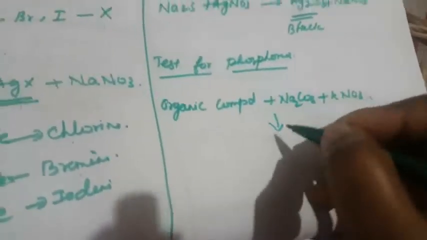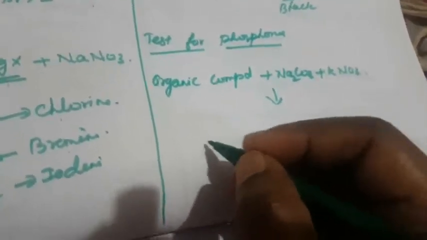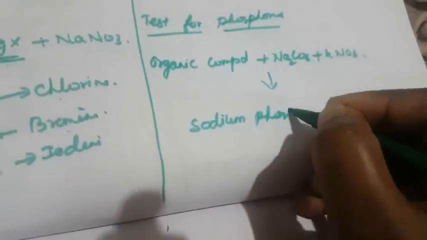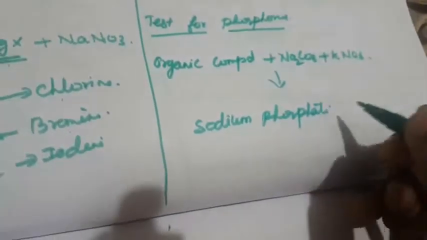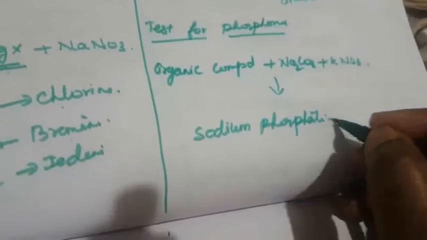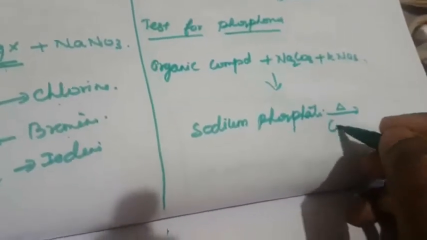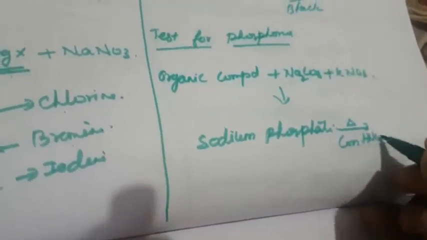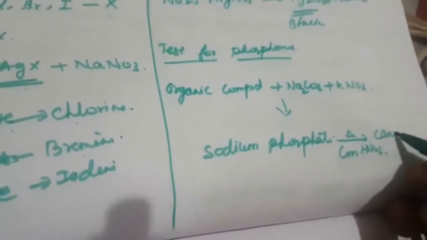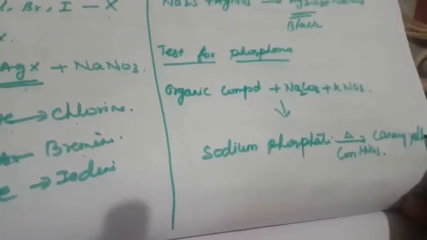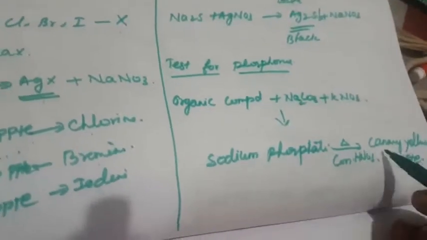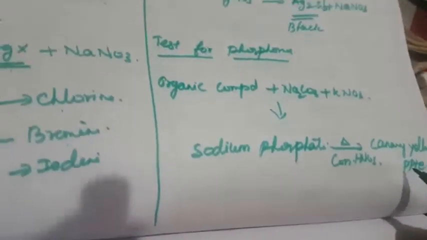Suppose phosphorus is present in that compound, it will oxidize to sodium phosphate. After that it is boiled with concentrated nitric acid. A canary yellow precipitate will be obtained. So this yellow precipitate is the identification of phosphorus.